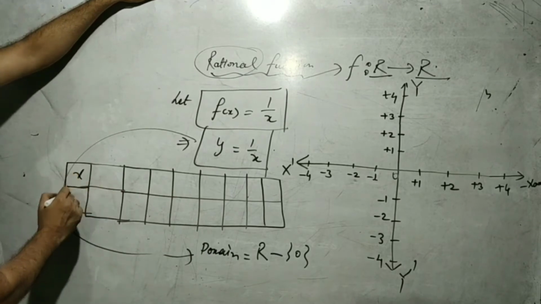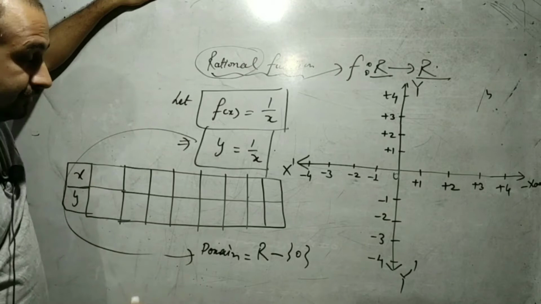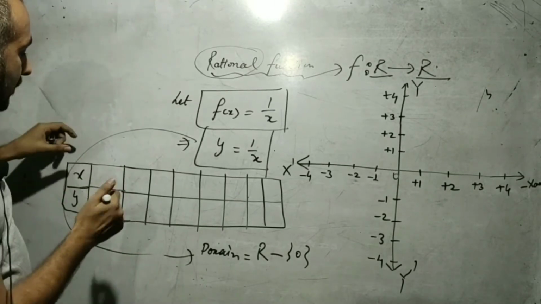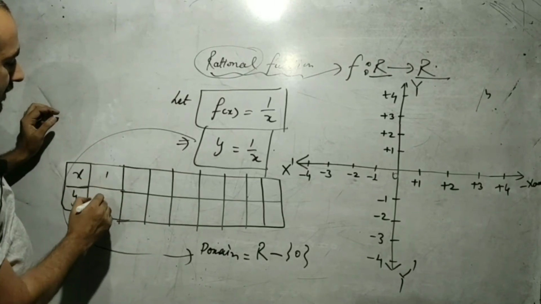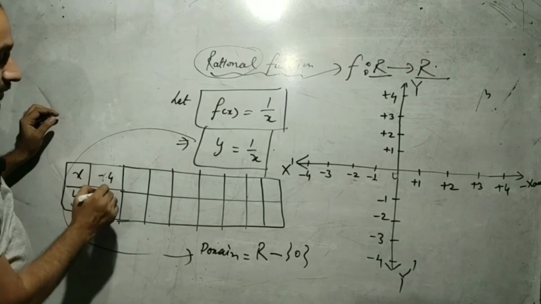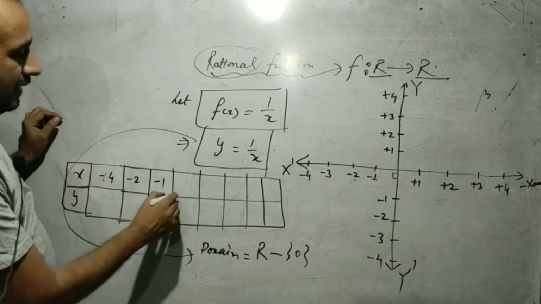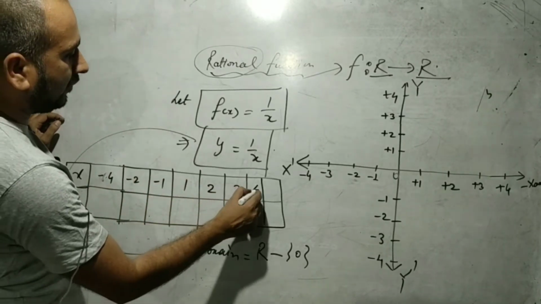Tell me students, you cannot write 0. One by one, I will start with minus 4, minus 2, minus 1, 1, 2, 3, 4.